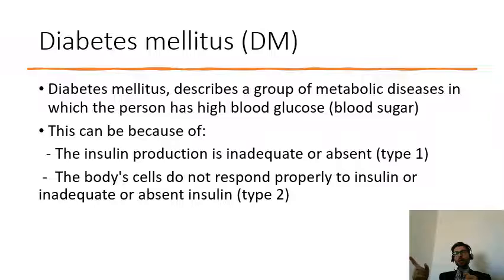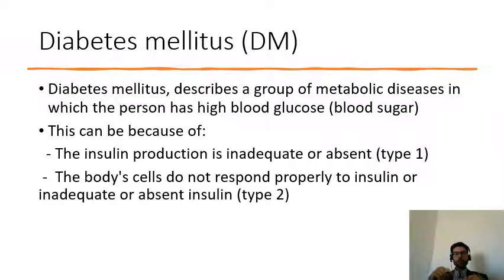So in type 2 diabetes, usually we have insulin, but the cells don't respond to this insulin. In some advanced cases of diabetes, we have sometimes inadequate or absence of insulin, but it's well known that in type 2 diabetes, we have insulin, but the cells resist the function of insulin.